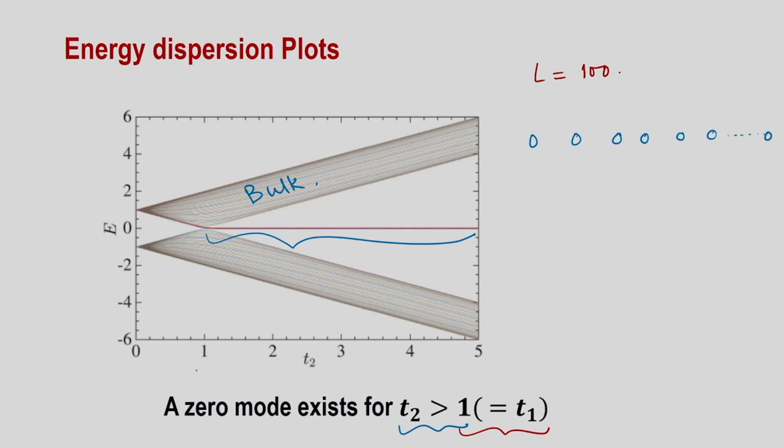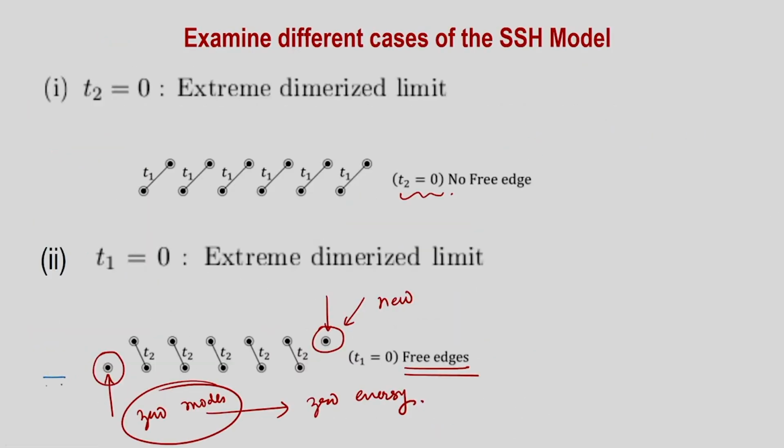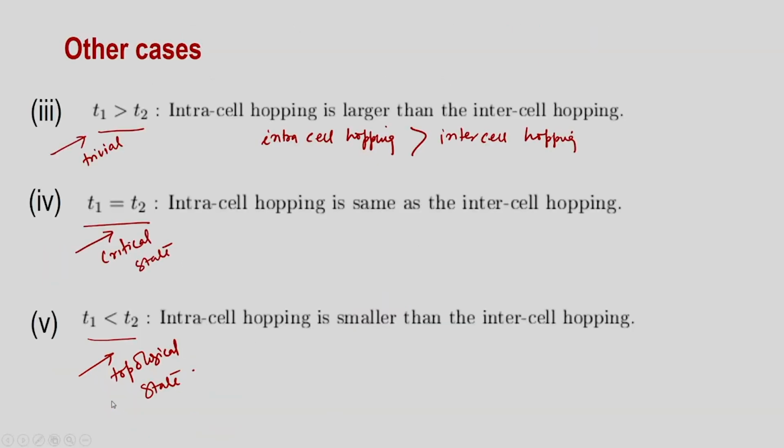So, from T2 equal to 1 and above, that is T2 greater than 1, this becomes like this case, where there are these free edges and there are 0 modes present in the system.